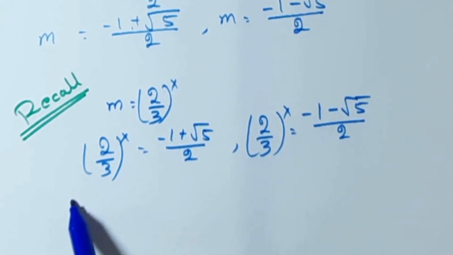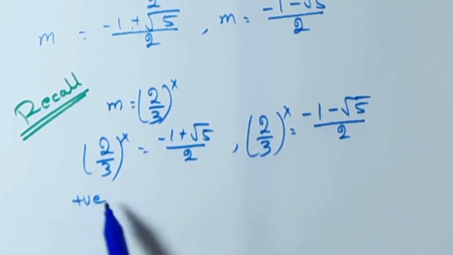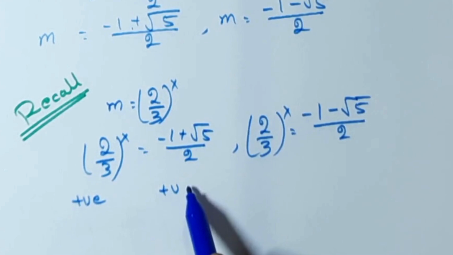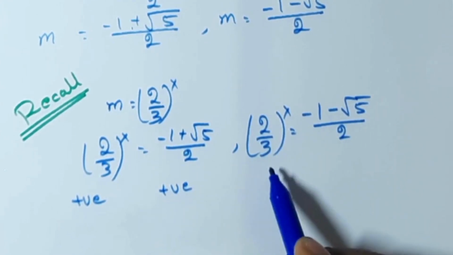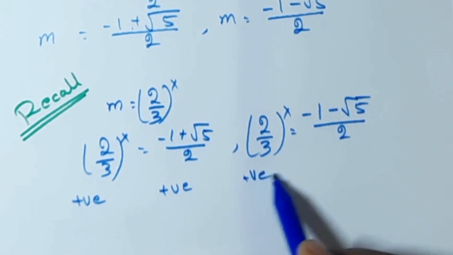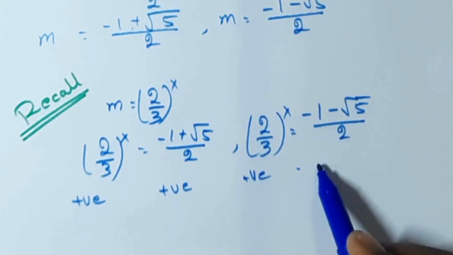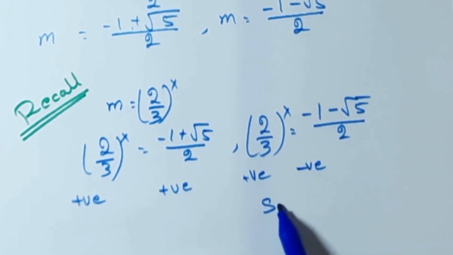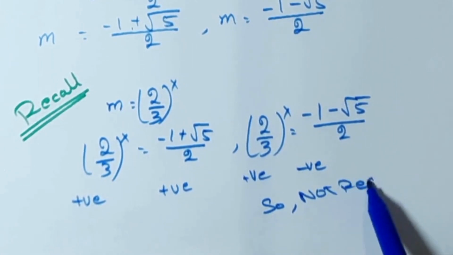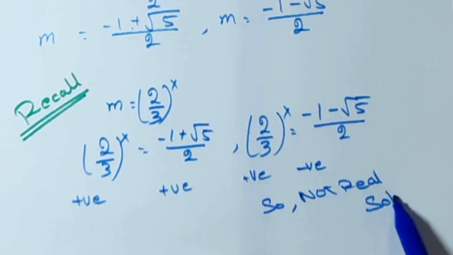If you see, this is positive and this is positive. If you add this, it is positive, but this is negative, so it's not a real solution.